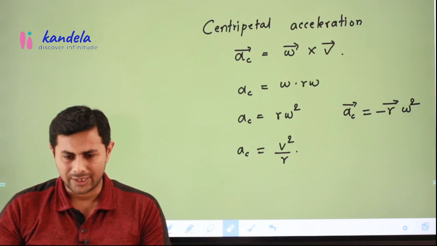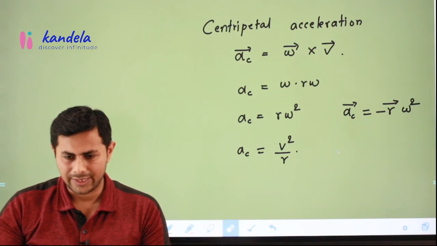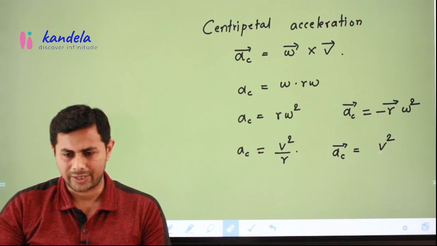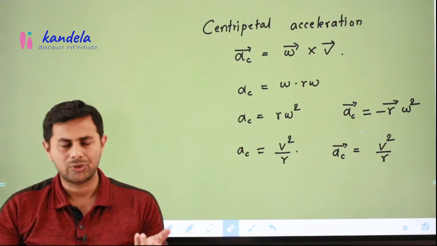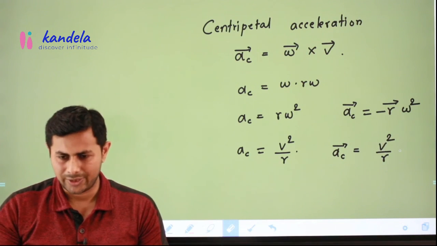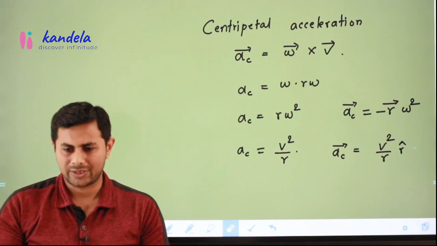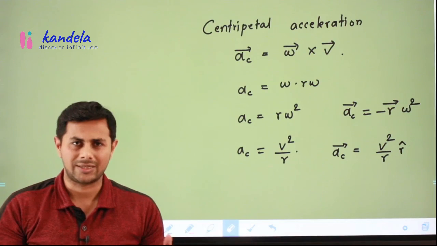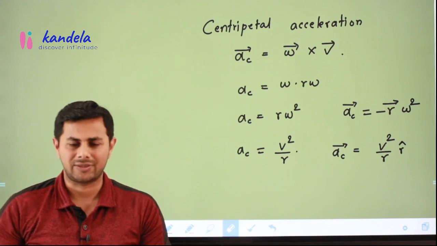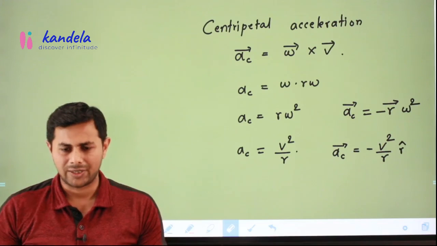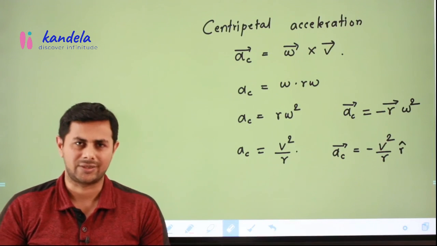And if I take this relation, AC bar equals magnitude v square upon r. Just to show direction, I will put a unit vector in direction of radius vector, but the direction of centripetal acceleration is opposite to radius vector, so I have to put a negative sign. So these are vector relations for centripetal acceleration.